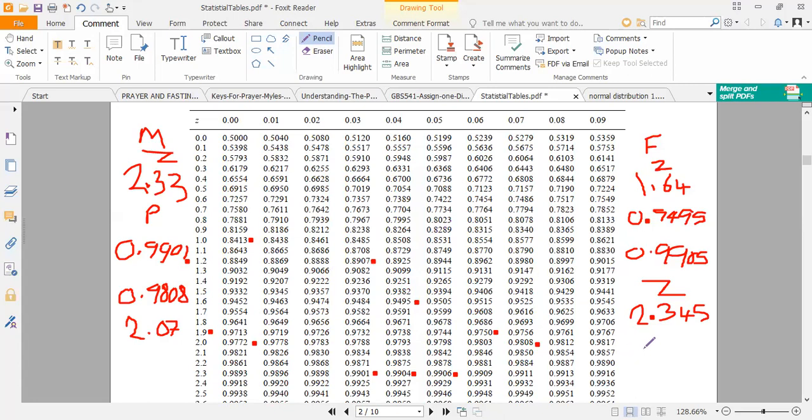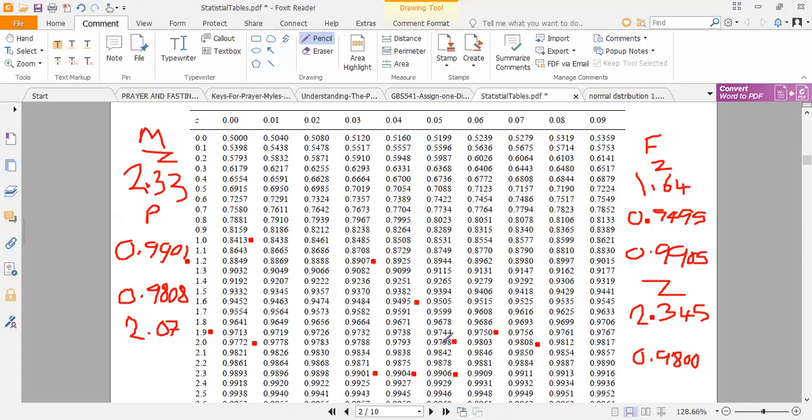0.9800. Which one is close? This one, right? Which one between the two?